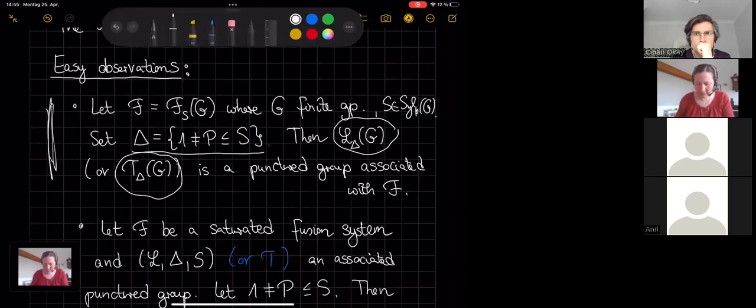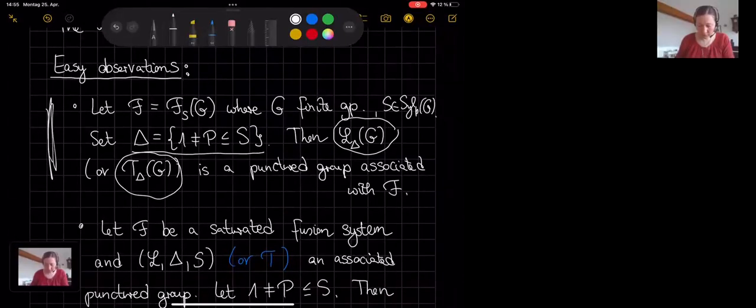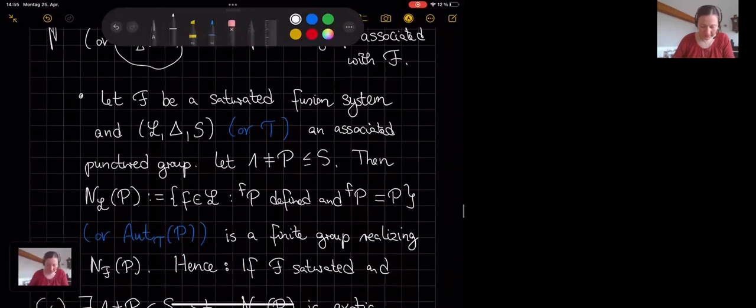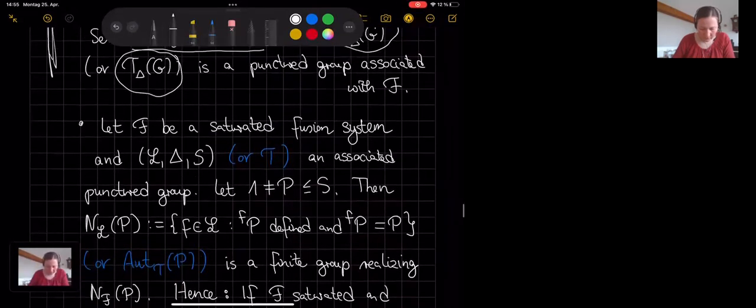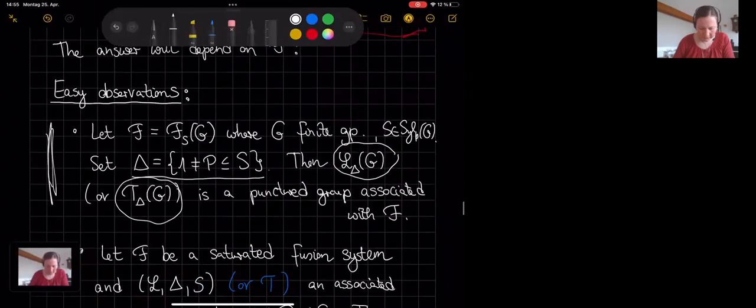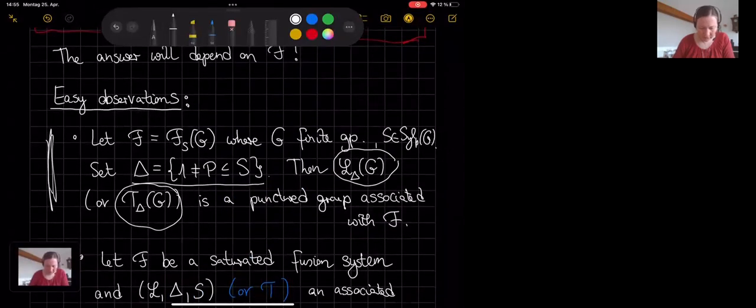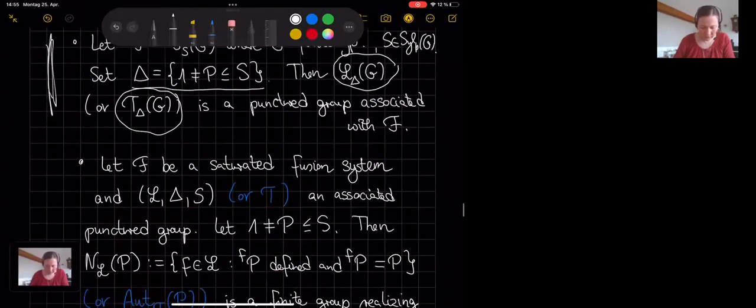And this is then a punctured group associated to F. Okay, so that's the first easy observation. So if a fusion system comes from a finite group, then there's always a punctured group.